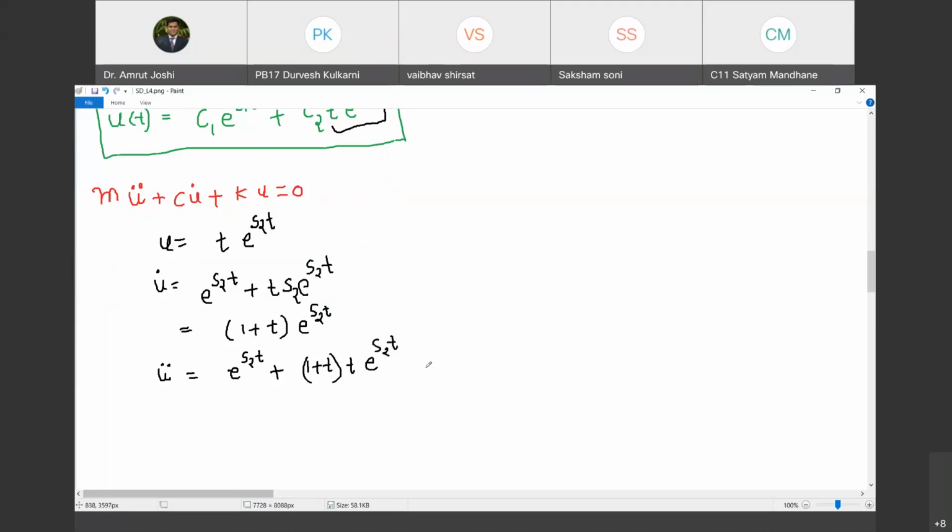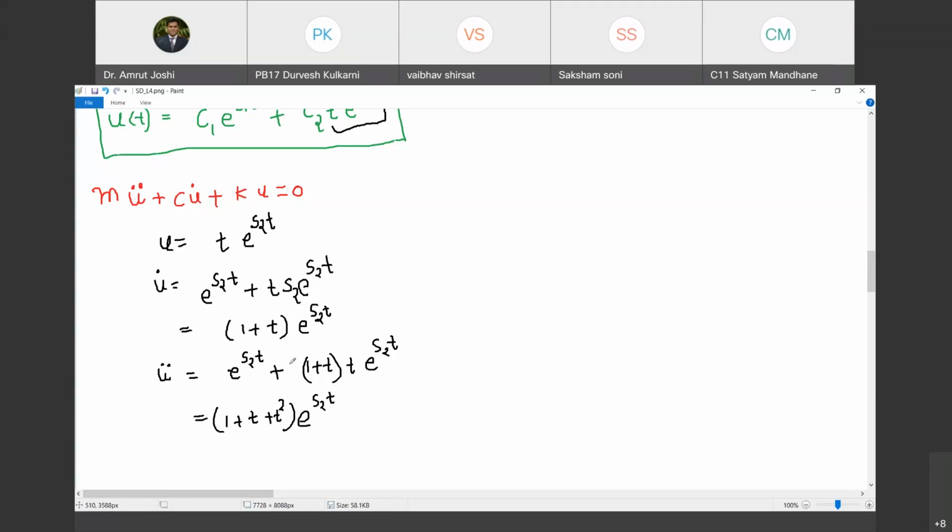Yes, sir. Okay. Now again, can I take e raised to s2t common? Yes, sir. And what remains? It is s2 times 1 plus t s2. Do you agree with me? Yes, sir. That is what is going to remain. This is u double dot of t.